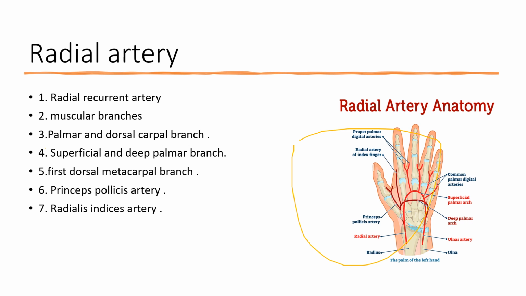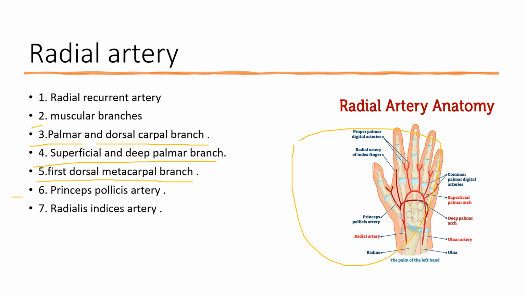Then muscular branches to the posterior compartment of the forearm. Now the palmar and the dorsal carpal branch. Palmar means the anterior, and dorsal means the posterior carpal branch. Superficial and deep palmar branches are also branches of the radial artery. Then the first dorsal metacarpal branch.